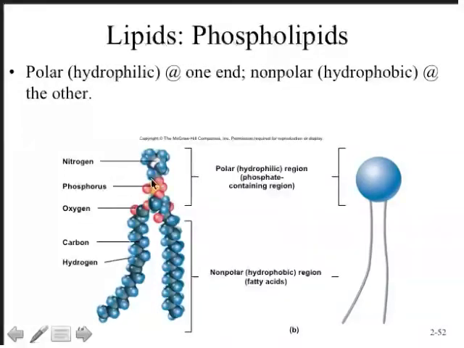And so you've got a lot of electronegative atoms at this one end of the molecule. As a result, this portion of the phospholipid is going to seek out water, because that's the lowest energy arrangement of this molecule in an aqueous solution: for this end of the molecule to seek out water, and then obviously for these nonpolar components to seek out each other.